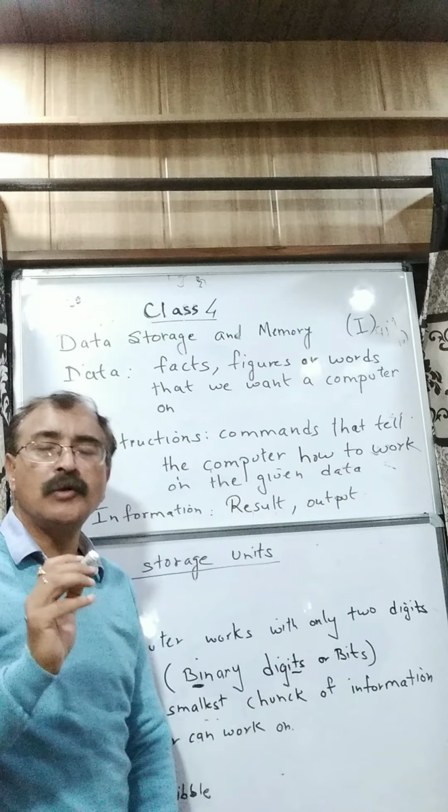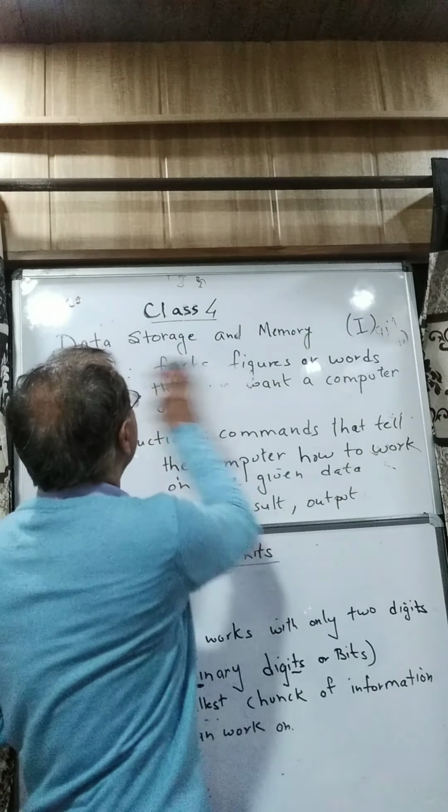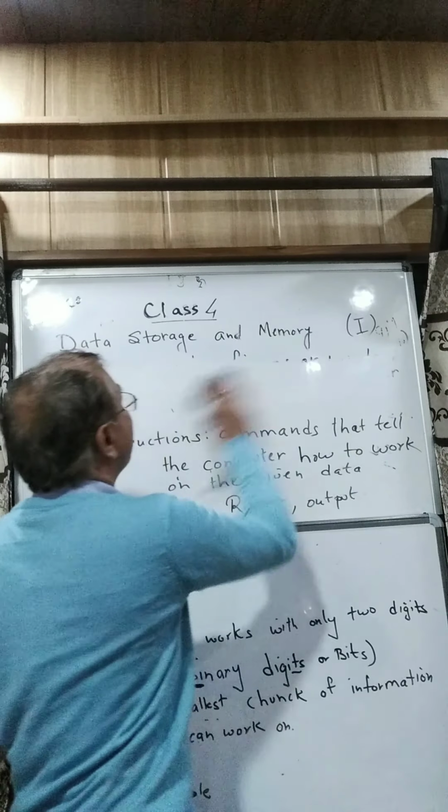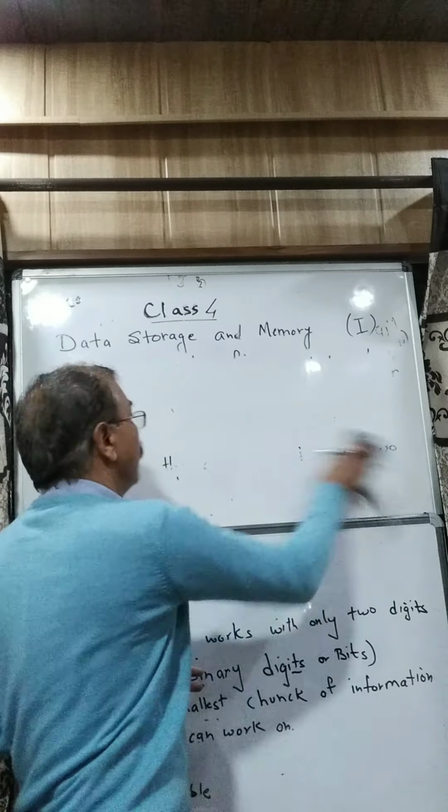A computer has two types of memories, okay? First is called primary memory and the other is called secondary memory. Now let me explain what is primary memory and what is secondary memory.